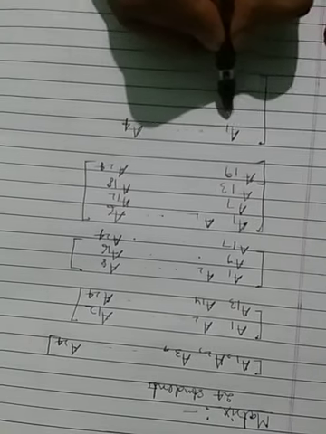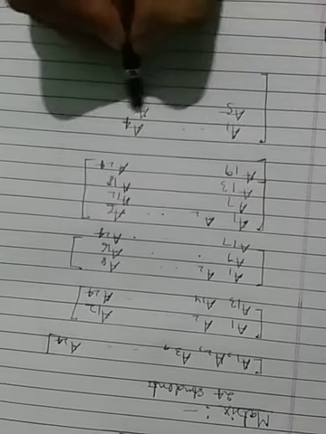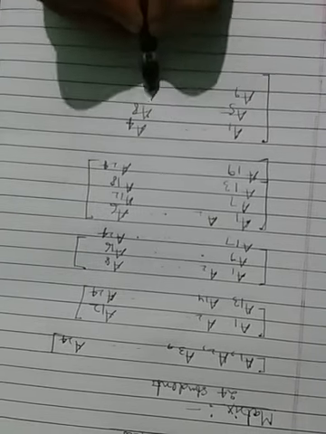Similarly, we can have this one also, A1 to A4, then A5 to A8, A9 to A12, A13 to A16 and A17 to A20 and A21 to A24. This is also one of the ways.